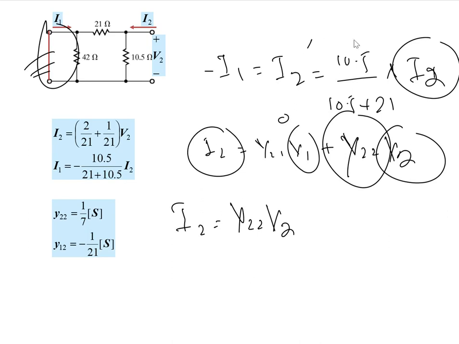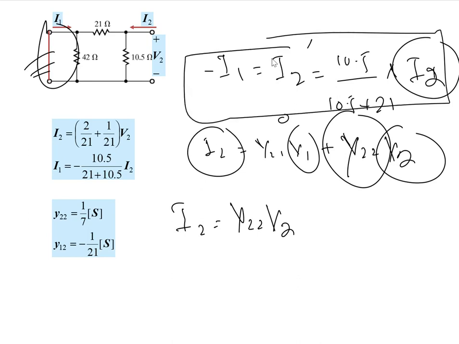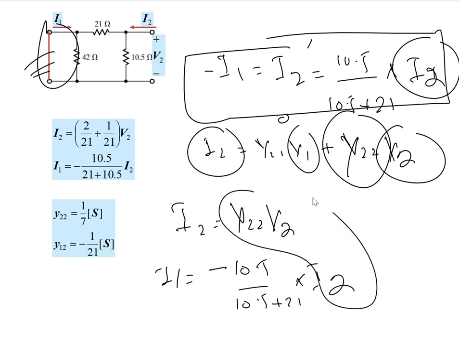We already have this equation here, that I1 is equal to minus 10.5 divided by 10.5 plus 21 multiplied by I2, and put the value of this I2 like this.